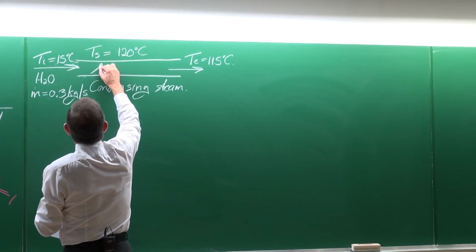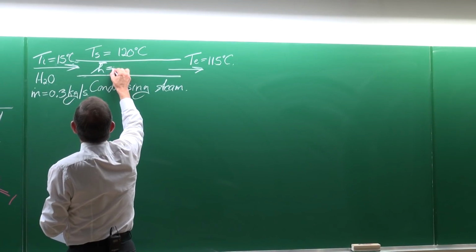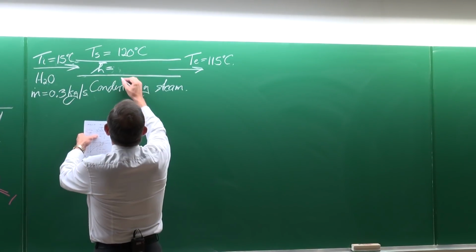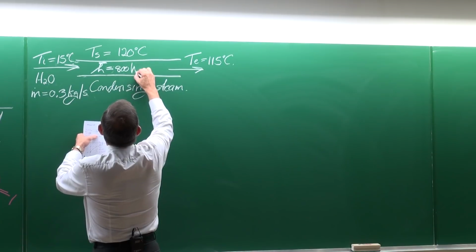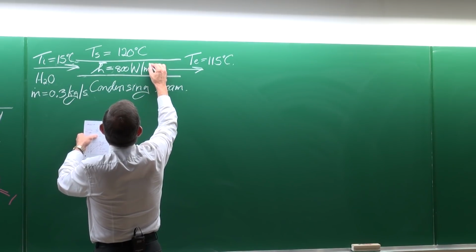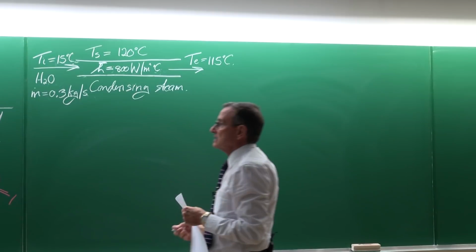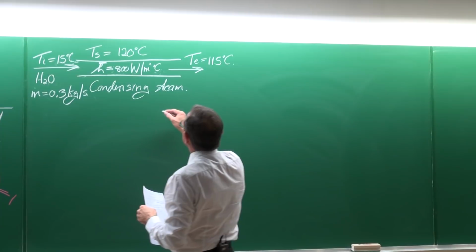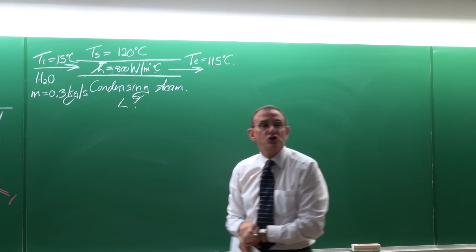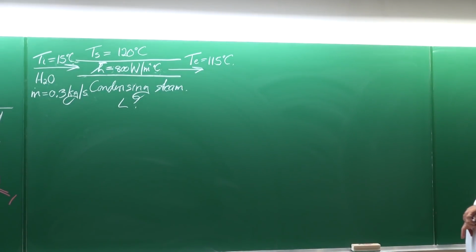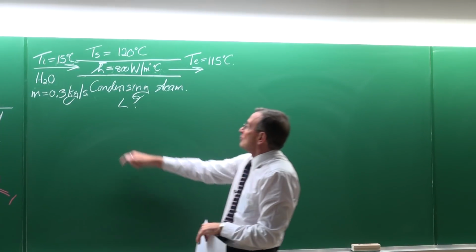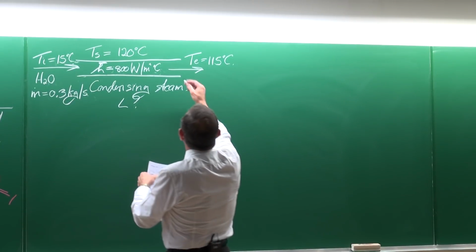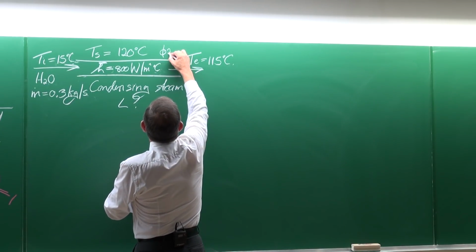And what is also given is the average heat transfer coefficient, which is equal to 800 watts per square meter degrees Celsius. And we have to determine the length of the tube that will give us that boundary condition, from an inlet temperature of 15 to 115, and I think the tube diameter is 25 millimeters.